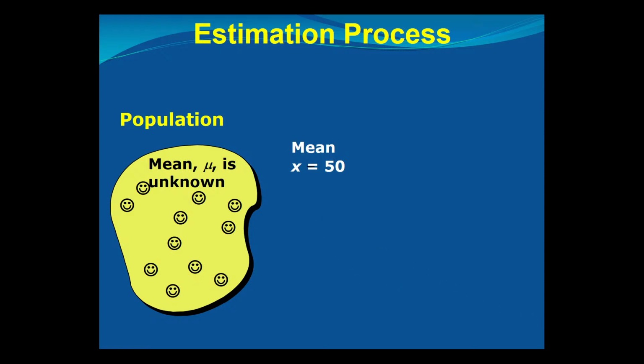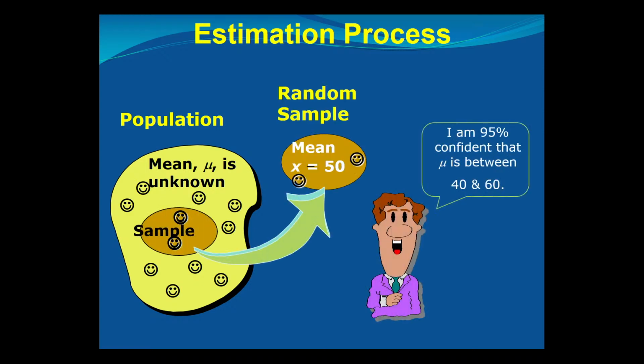Look at this slide. At this slide, you can see the estimation process. So we have a population with an unknown mean, which is denoted as mu. We can draw a random sample from this population, and it is possible to calculate the sample mean.